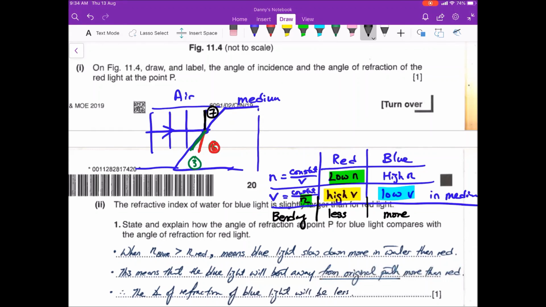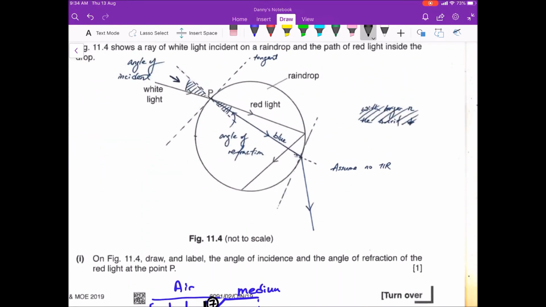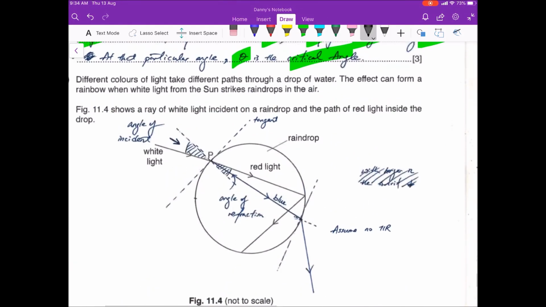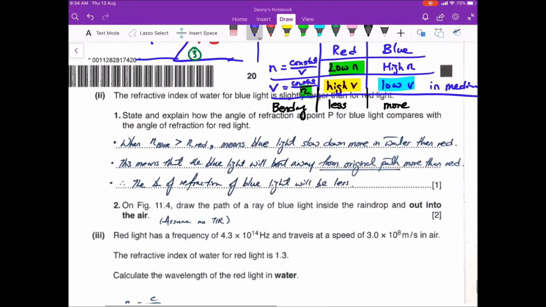So how does it look? Once you understand this, your red light will bend less, right? So what does it mean by bend less? This is the original path of light, the original path without bending is like that. So if it bends less, your red light will be here, and your blue light will bend more, so it will be here. Understand? Yes, that is what it means by bend less and bend more.